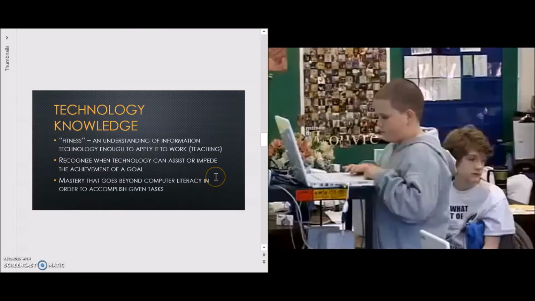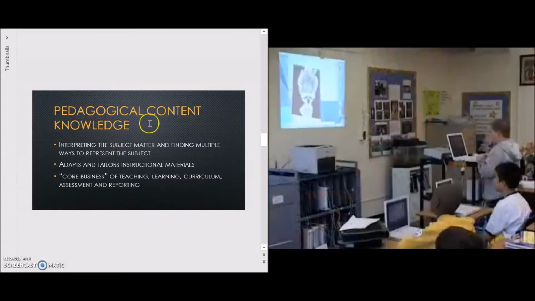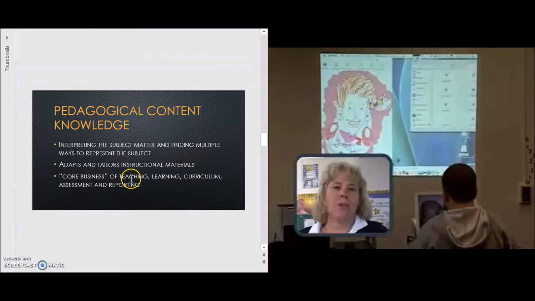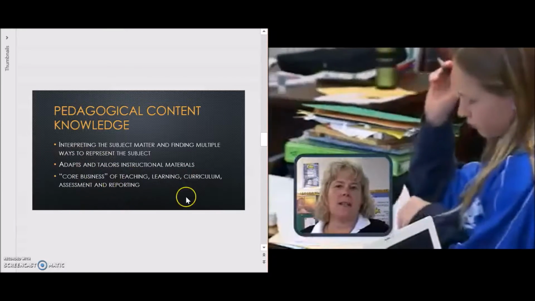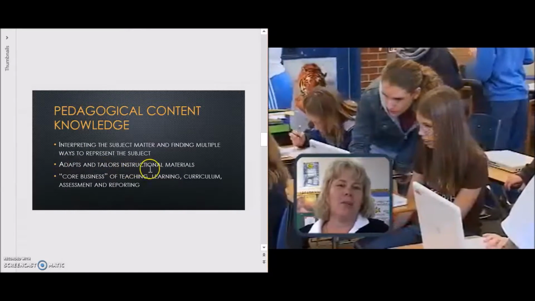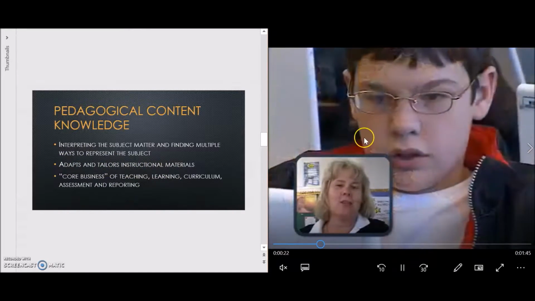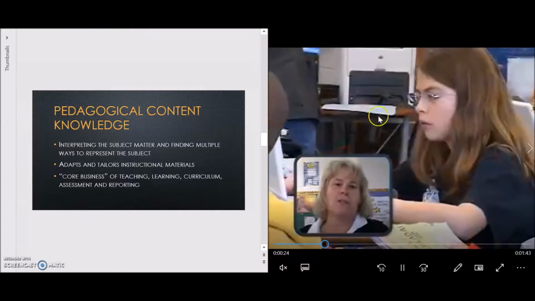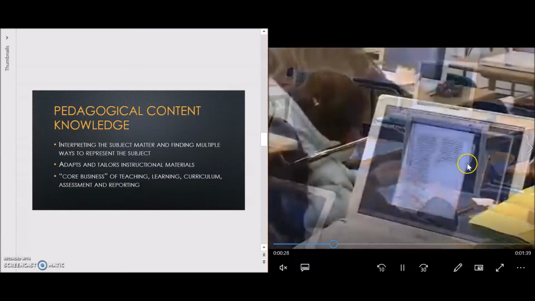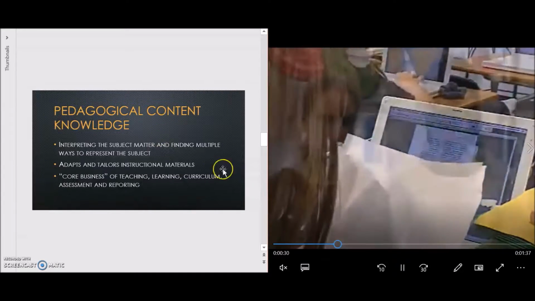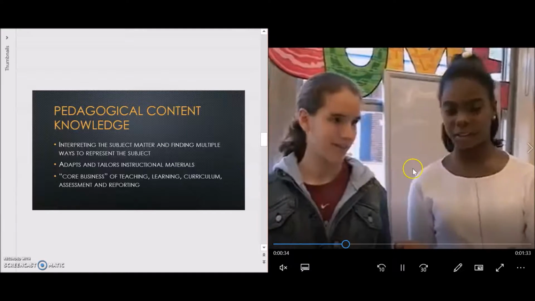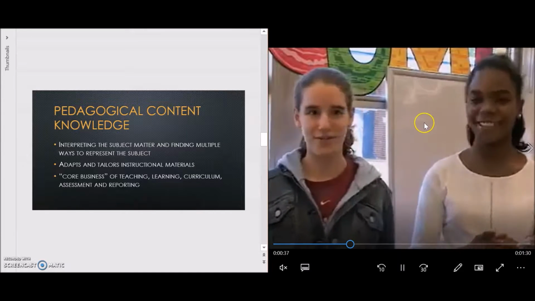Pedagogical content knowledge, sorry, let me go back there. Pedagogical content knowledge is the core business of teaching, about how to teach and learn, everything put together. It is adapting and tailoring the instructional materials to the content. So in this case, if the content is learning to make a magazine or learning about short stories, she has adapted that content in a way which is very digestible for the students.